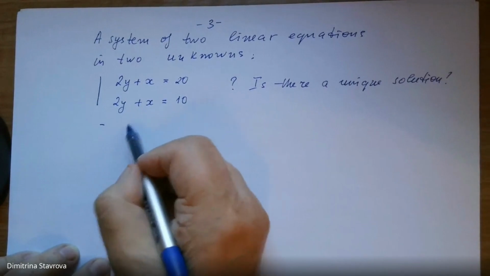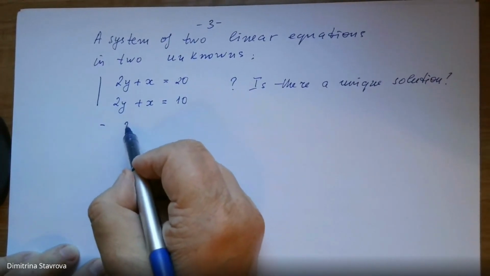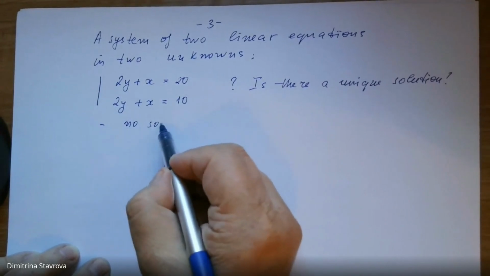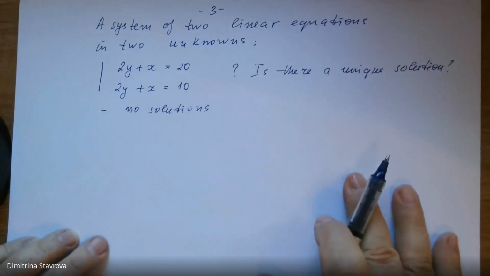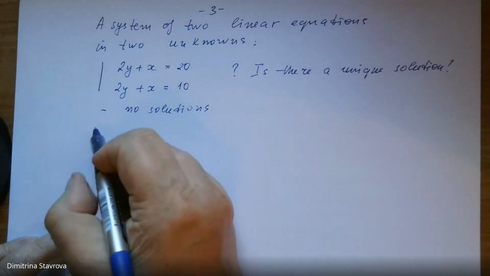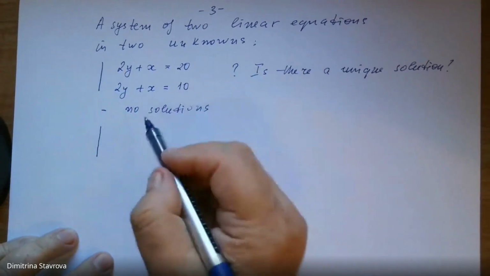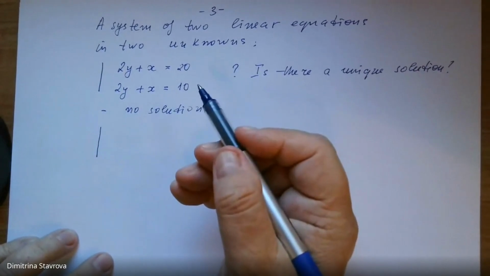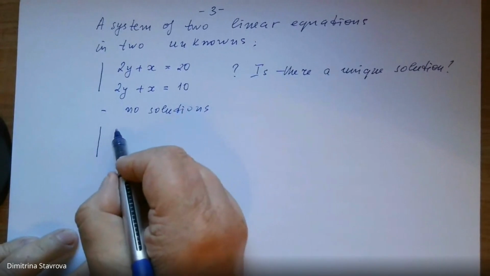So this is a system of two linear equations which has no solution. Okay, maybe this is some, how to say, too-bad system. Let's look at another one and see if another one can have unique or more solutions.